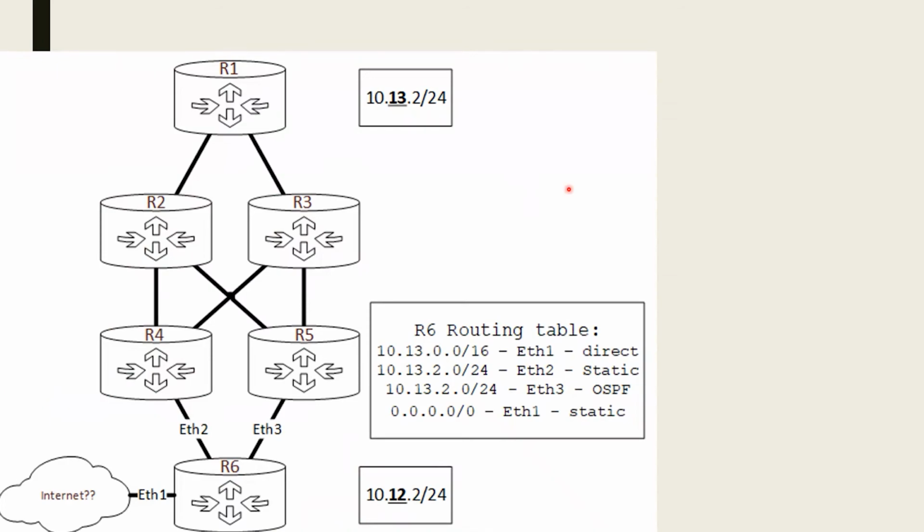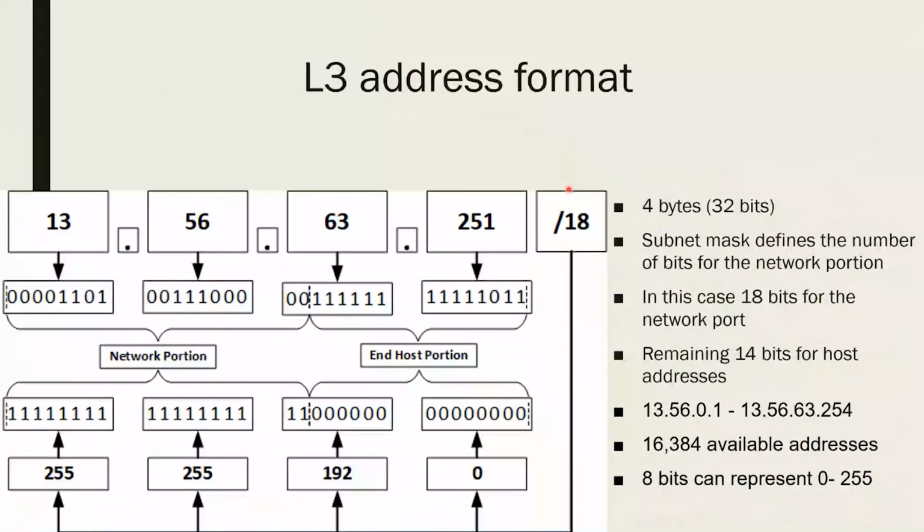If I find the relevant slide with the relevant details, this is a really quick example that we went through in the previous talk. This is an example of a /18, which has a big range of this end host portion. In the case of a /18, it gives you around 16,000 possible end hosts or IP addresses.